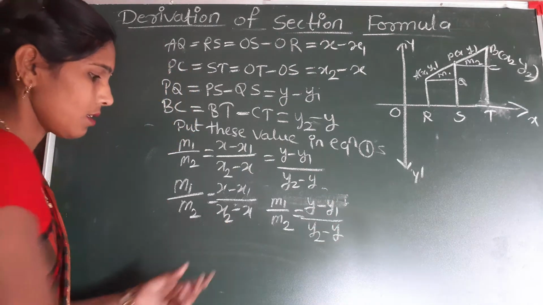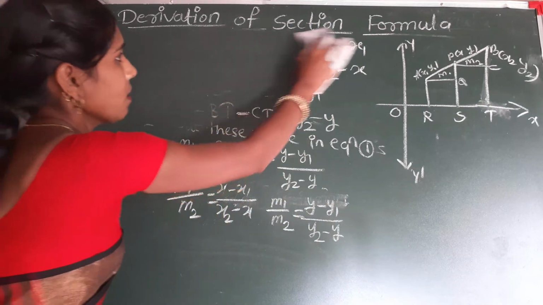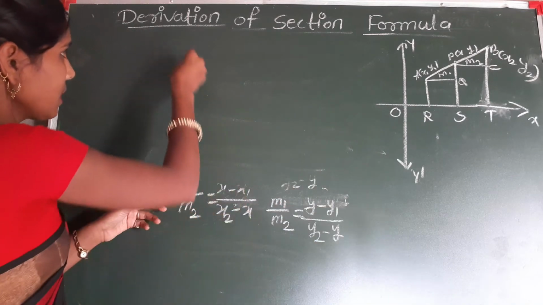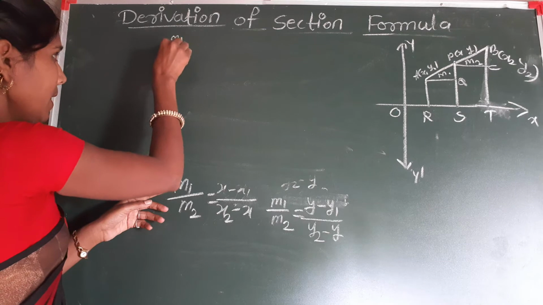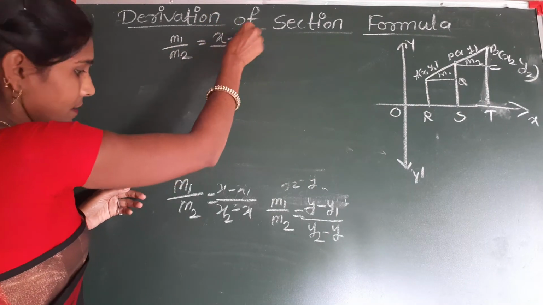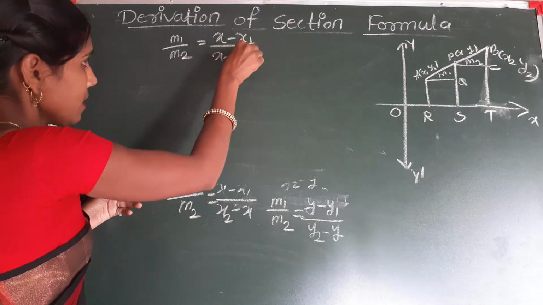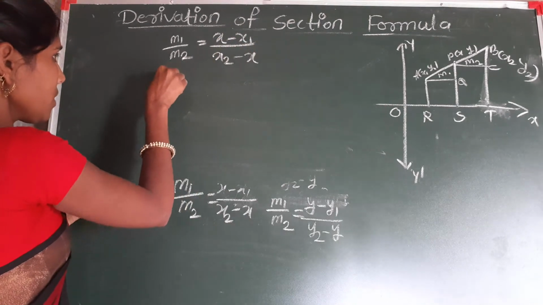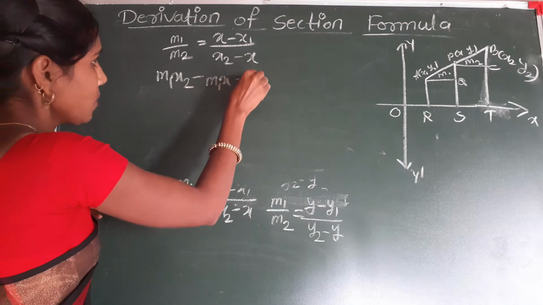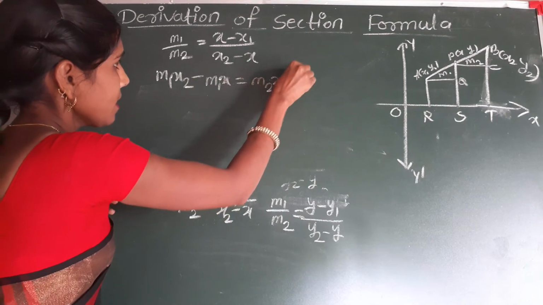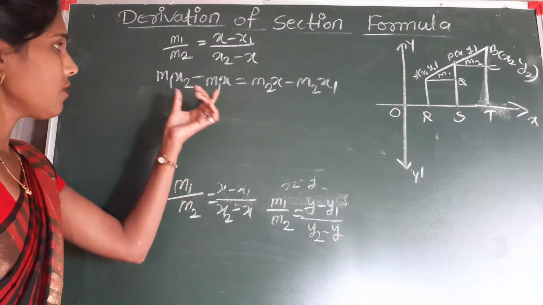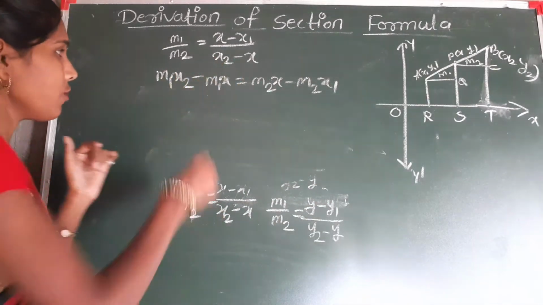First I will solve this. m1 divided by m2 is equal to x minus x1 divided by x2 minus x. Cross multiplication: m1x2 minus m1x is equal to m2x minus m2x1. x1, x2 terms one side, x terms one side.